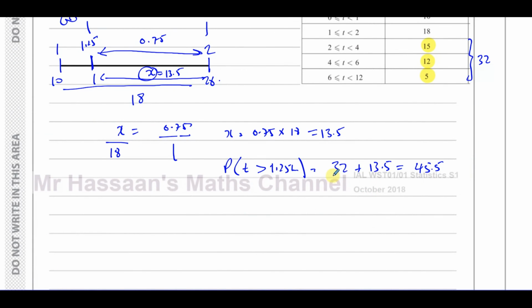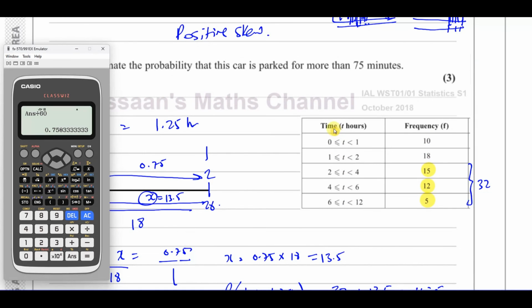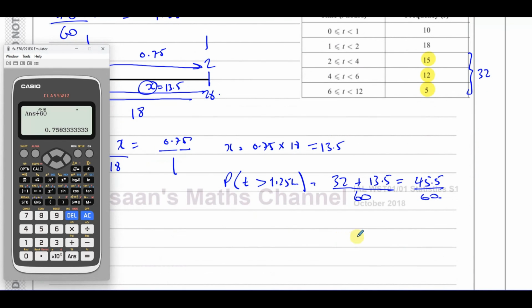You've got to divide that by the total number, which is 60. For probability, you divide by the total number of entries, that's the number of cars. So divide by 60 gives you 91 over 120. So it gives you 0.7583. So to 3 significant figures, 0.758.